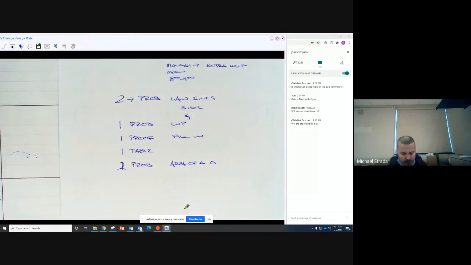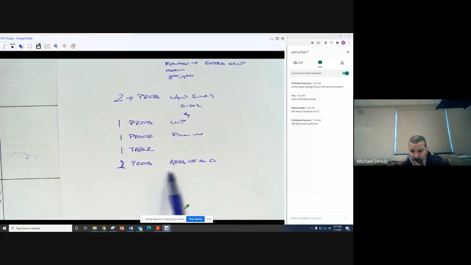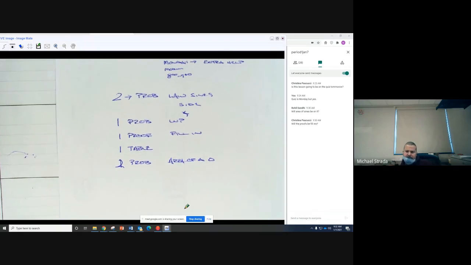So yes, the proof will be fill-in. There's area, and I'm assuming you're asking about area of a triangle using law of sines. Yes. And we're going to walk through tomorrow the format of it. We'll go through some example problems so you know how to fill stuff in. Good questions. Anybody else?